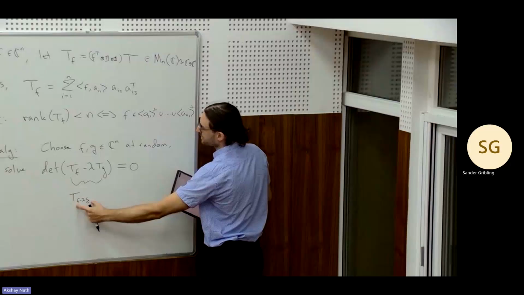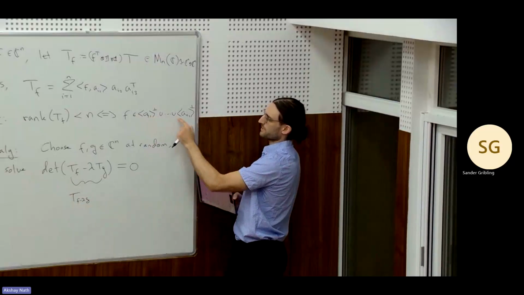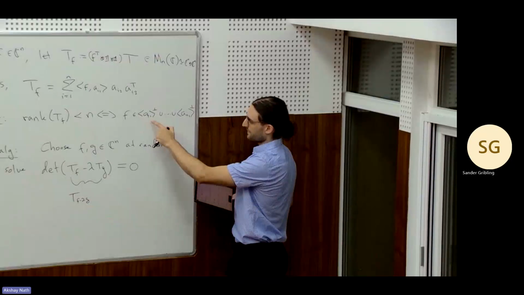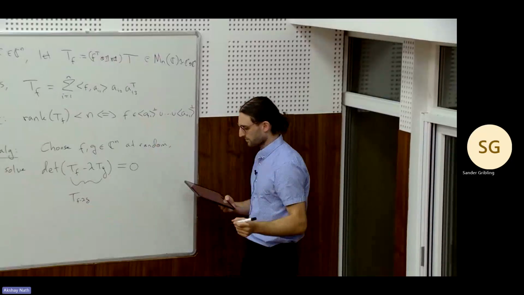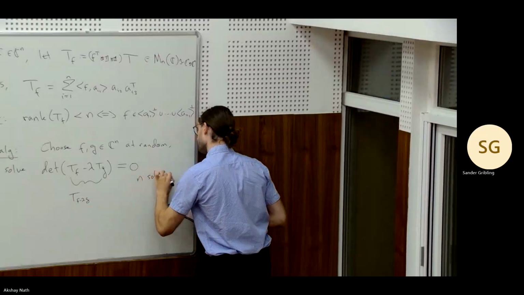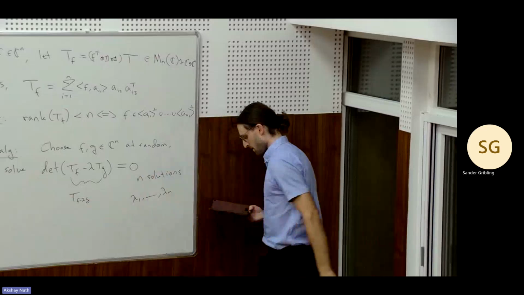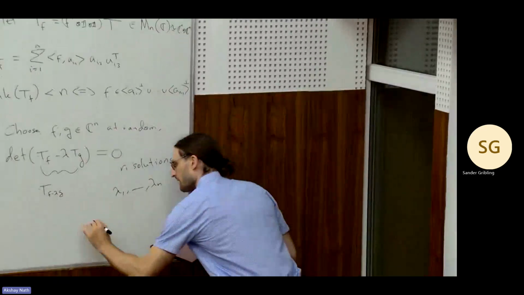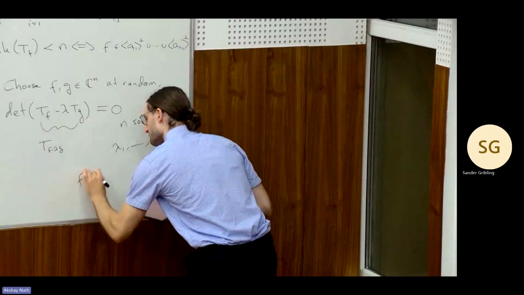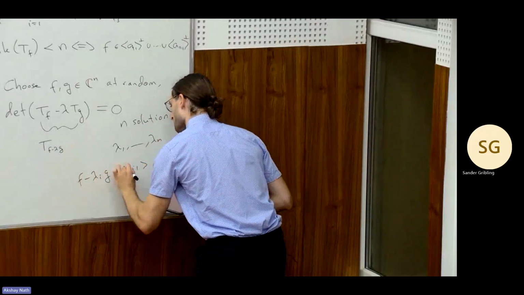And so a two-dimensional space will have to intersect each of these n minus one dimensional spaces somewhere. So there will be n solutions, lambda 1 through lambda n, where F minus lambda_i G is in A_i^perp.